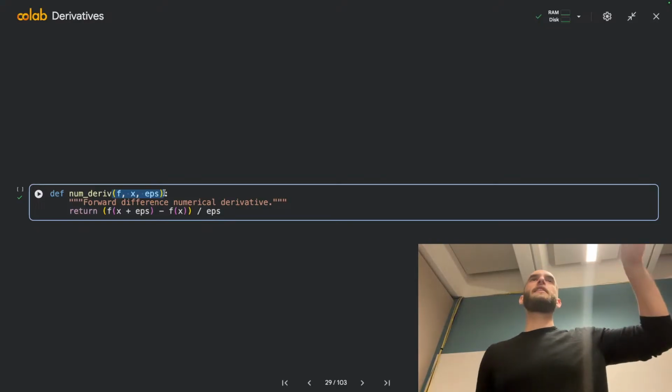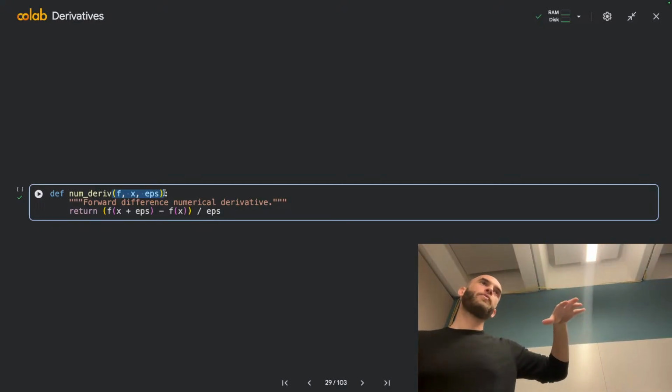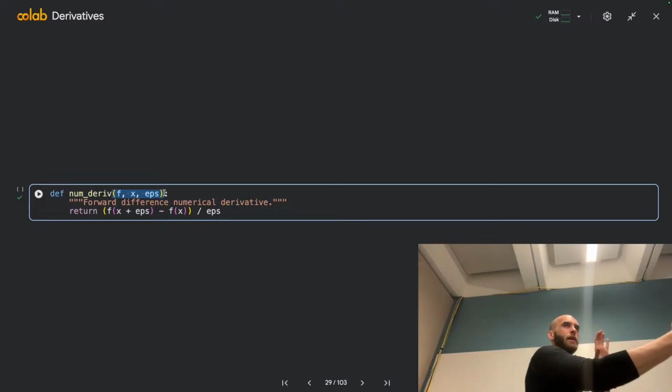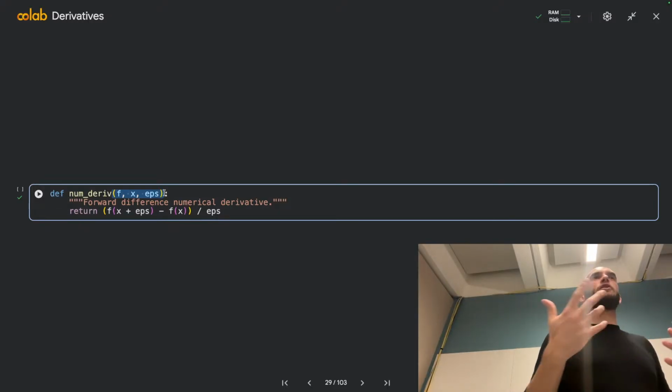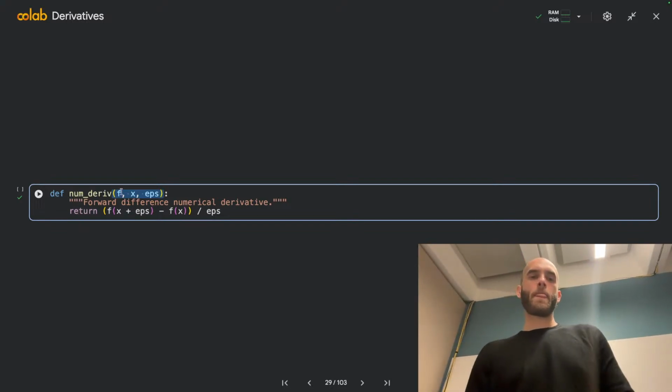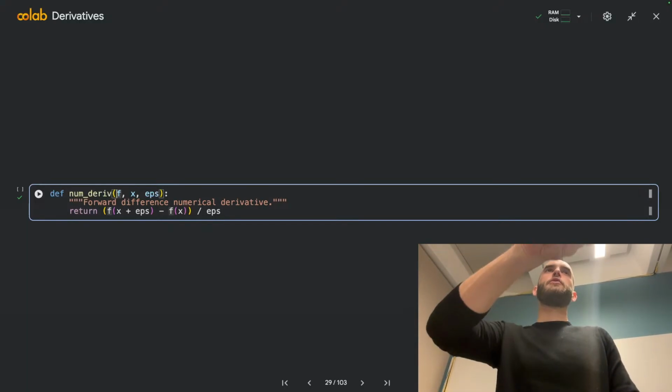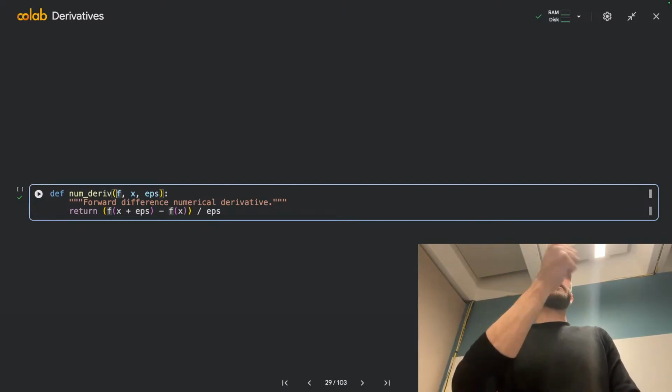So this is exactly how you define a function in math, right? We write an f of something, and we can have more than one input, and then the function does something or other. Here I have f, so f is the first input. This is just the function that we're going to use. So we submit into the derivative function a function itself.